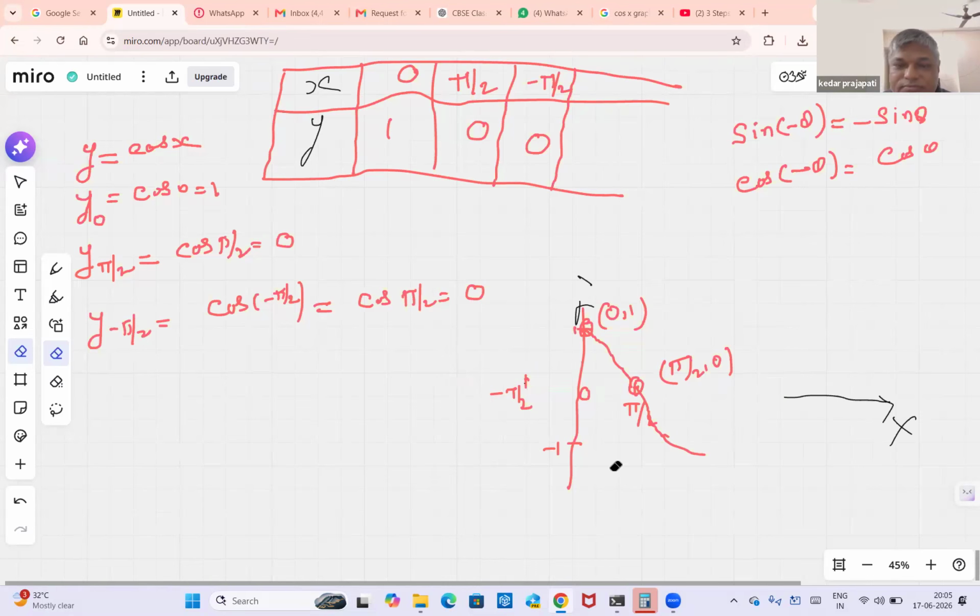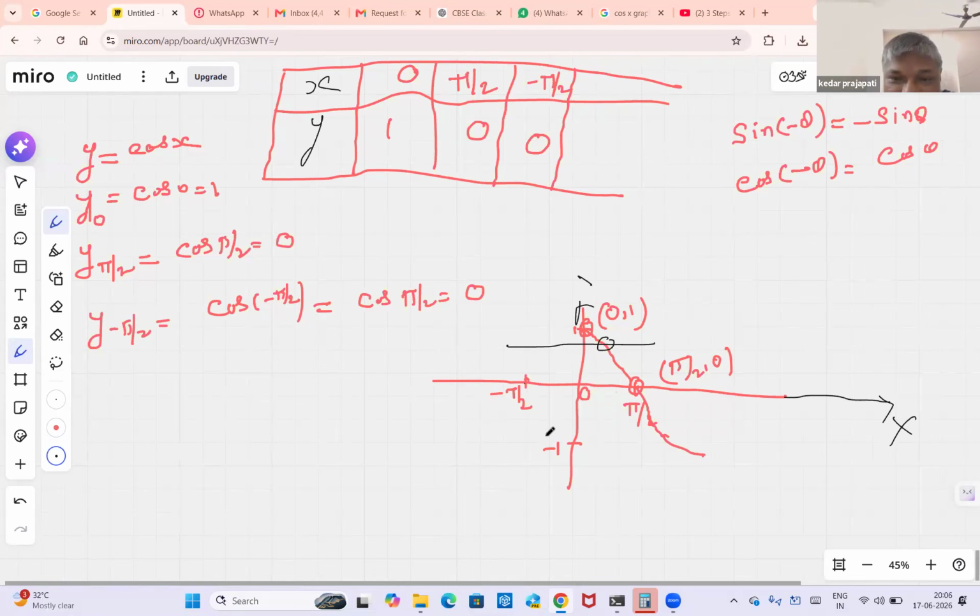Okay. Now if you take this portion, only this portion, and draw a line, how much ever lines you can draw, each line will cut this graph at one place only.